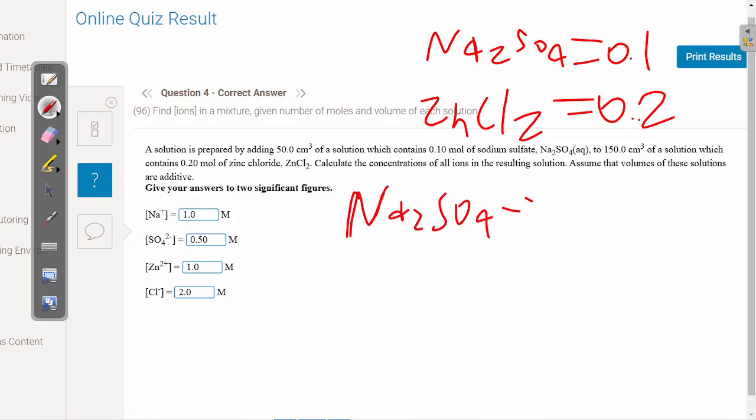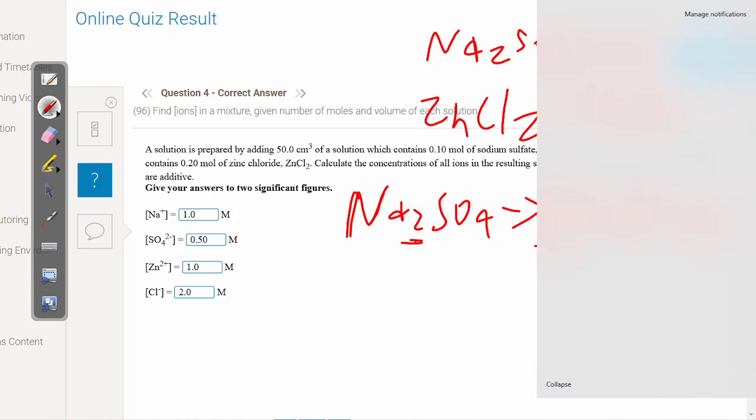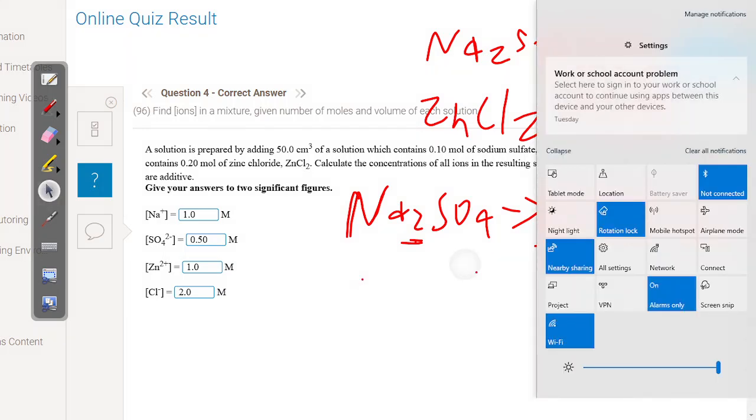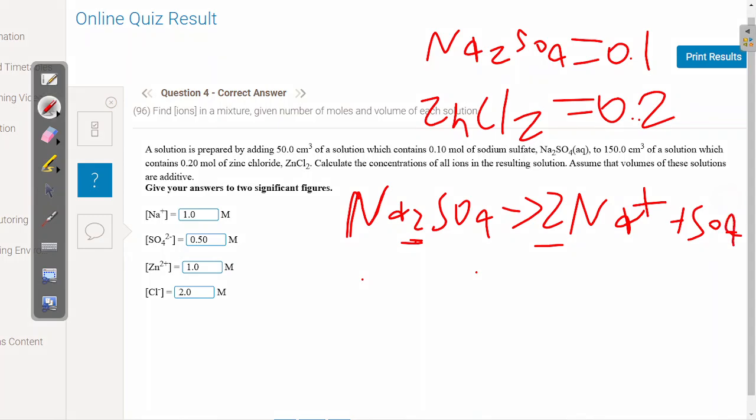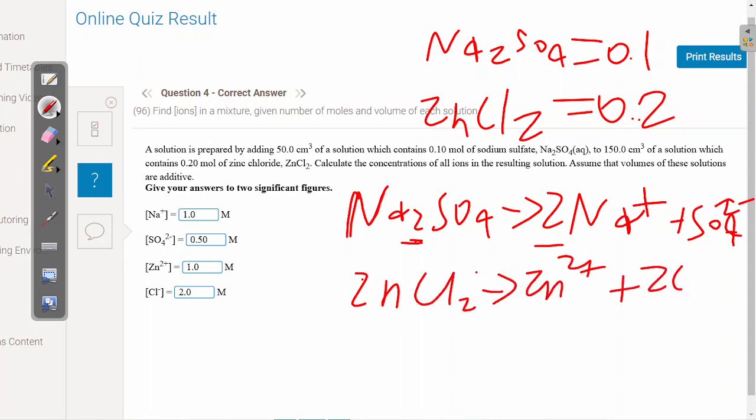Na2SO4 gives 2Na+, because you have to keep it 2, plus SO4 2-. Then zinc chloride gives Zn2+ and 2Cl-. Okay, for Na, it's 1 to 2.